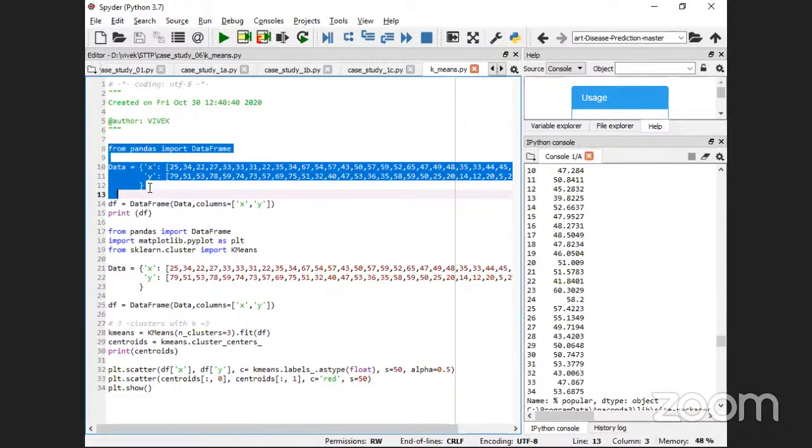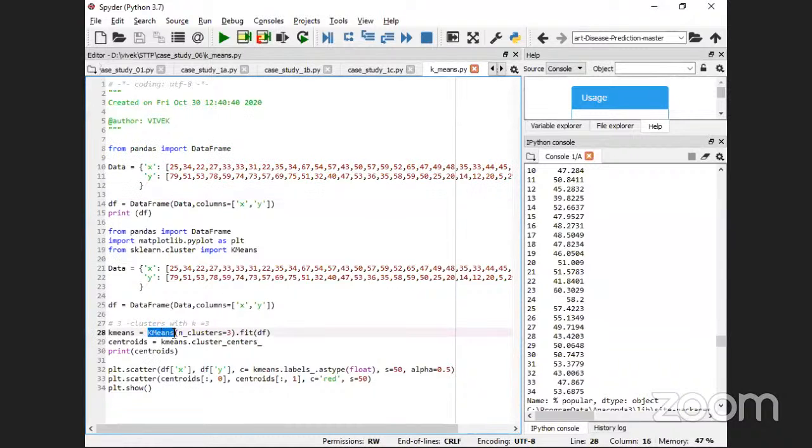So k refers to how many groups you are supposed to cluster this distribution of data into. Here you can use k-means, a predefined library available here, to which you need to pass only the number of clusters, meaning how many groups you are supposed to form with respect to the distribution of this data set. And then a scatter plot is used for placing this distribution, how far it is distributed.